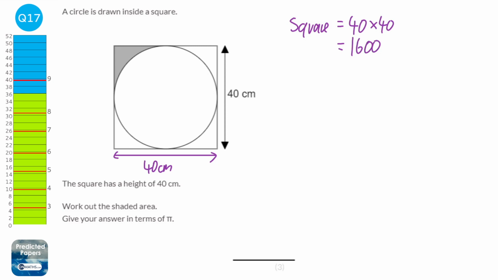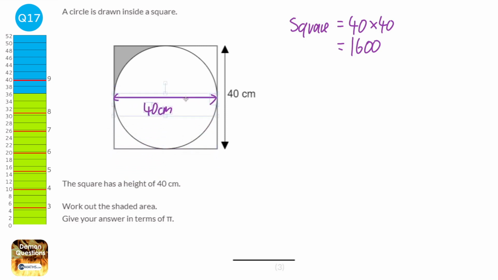I normally only put units in our answer. The next thing we're going to do is work out the area of the circle, but to do that we need to work out what the diameter of the circle is. If you notice, the diameter of the circle is just 40. It's the same as the width of the square, or height of the square.